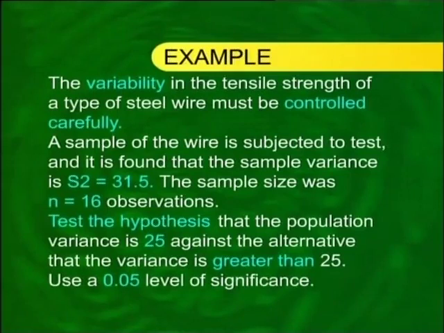The sample size was n equal to 16 observations. Test the hypothesis that the population variance is 25 against the alternative that the variance is greater than 25. Use a 5% level of significance.